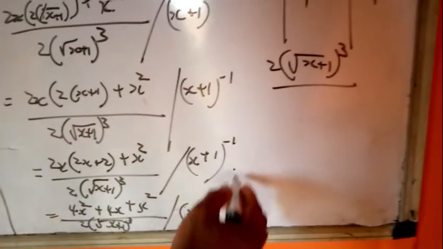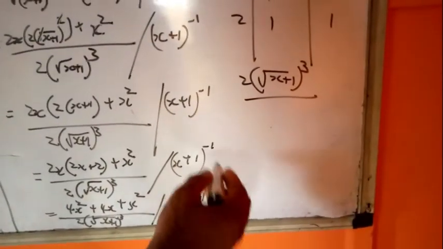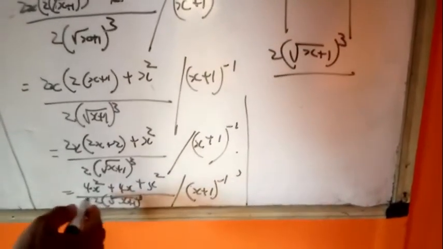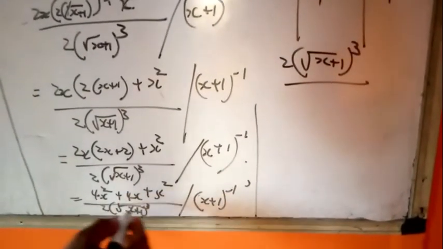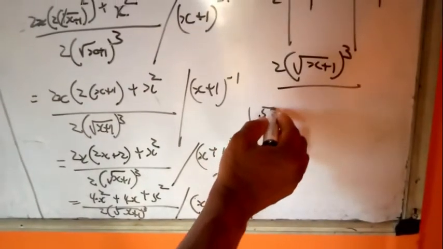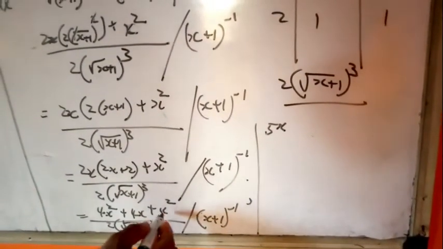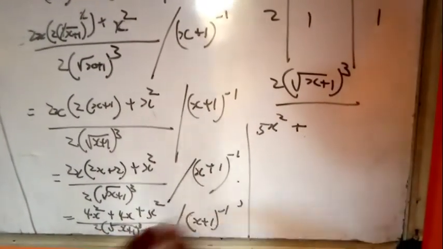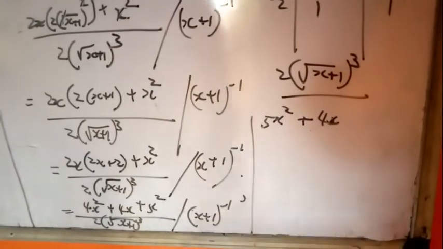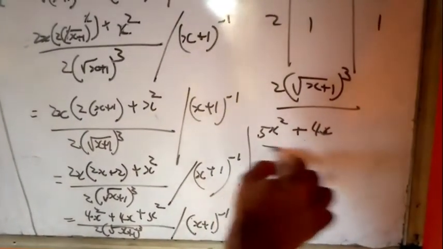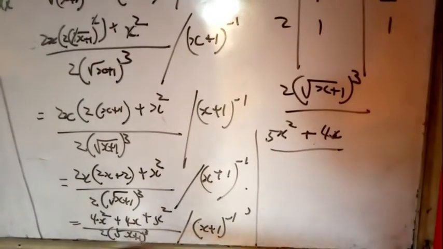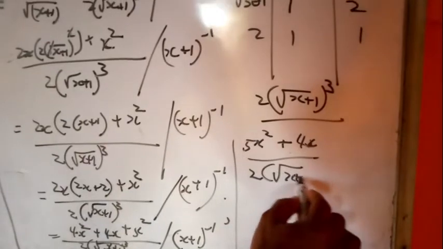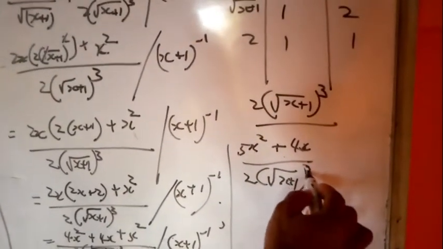We can see the similarities, so let's add like terms. We are going to have 5x squared plus 4x all over 2 into root x plus 1 raised to power 3.